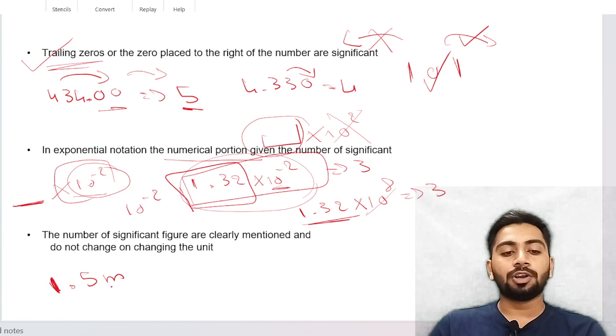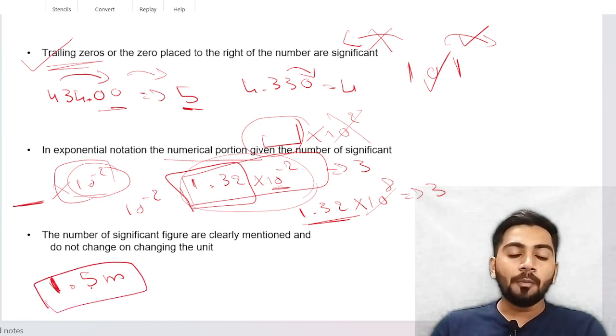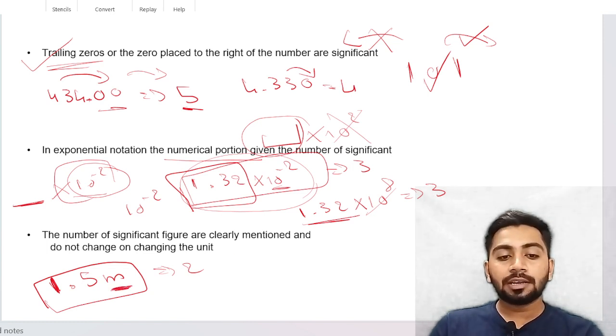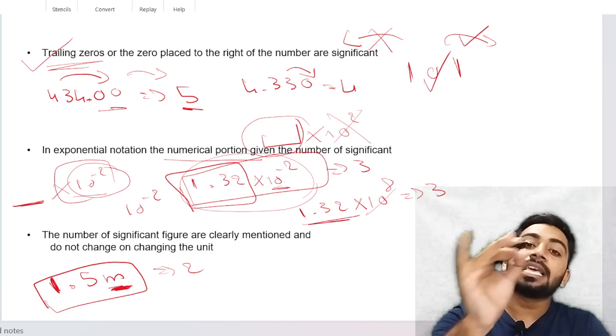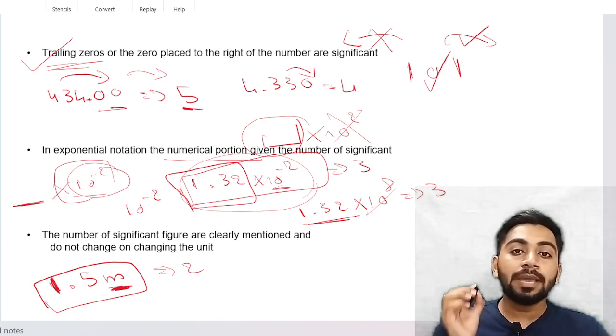Length is a physical quantity. How many significant figures are there in this? Two significant figures. Now they are telling that if I change this unit, the significant number will still be the same.